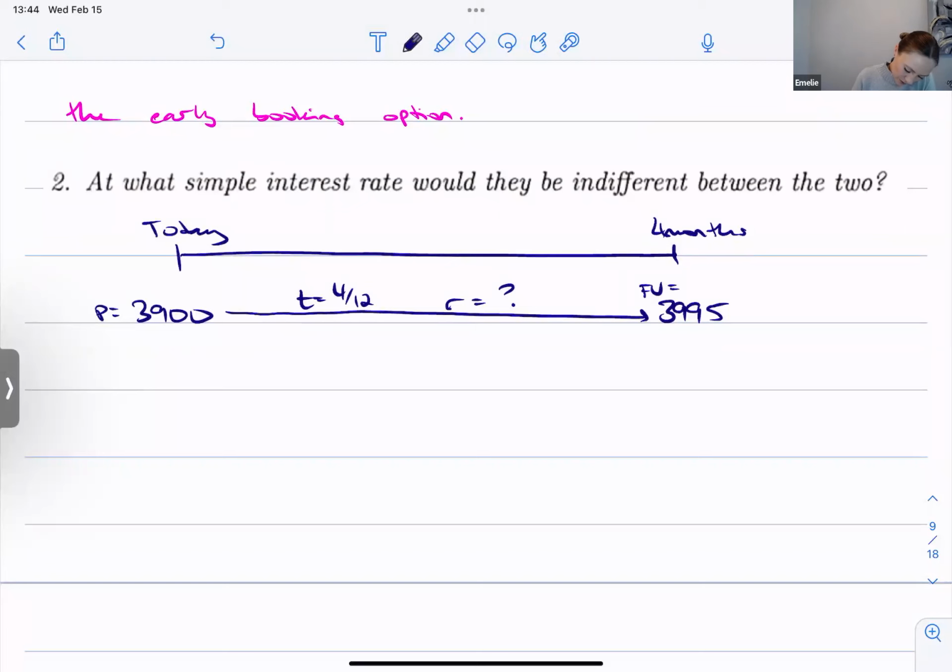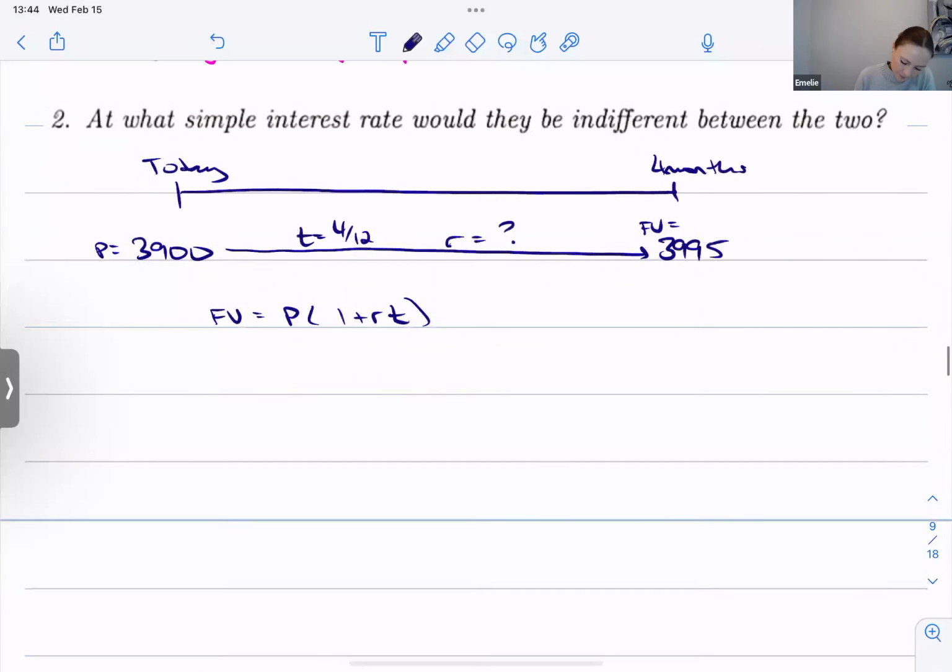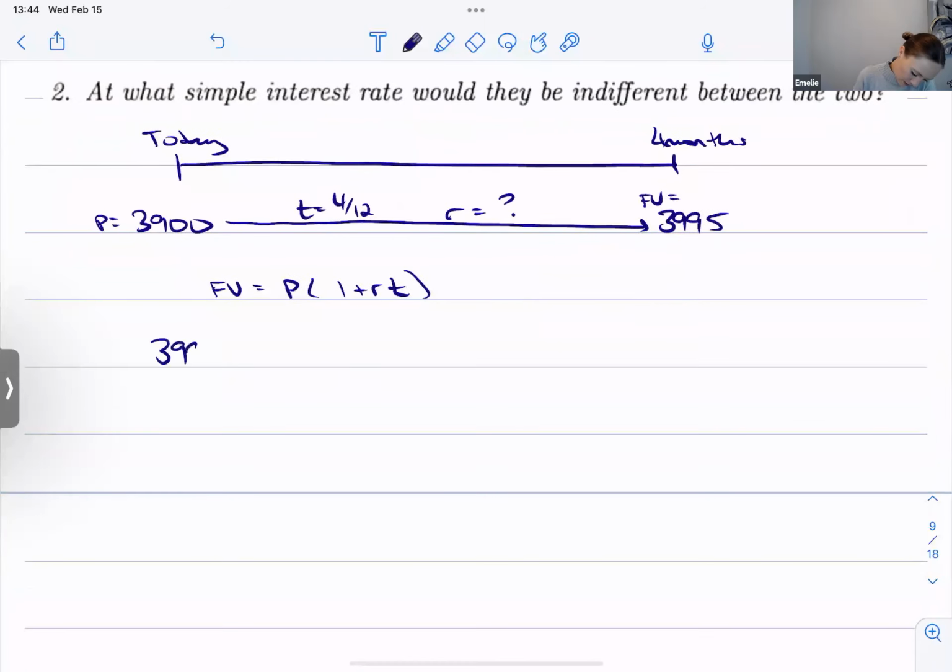So the future value is P times 1 plus R times T. 3,995 is 3,900 times 1 plus R times 4/12.